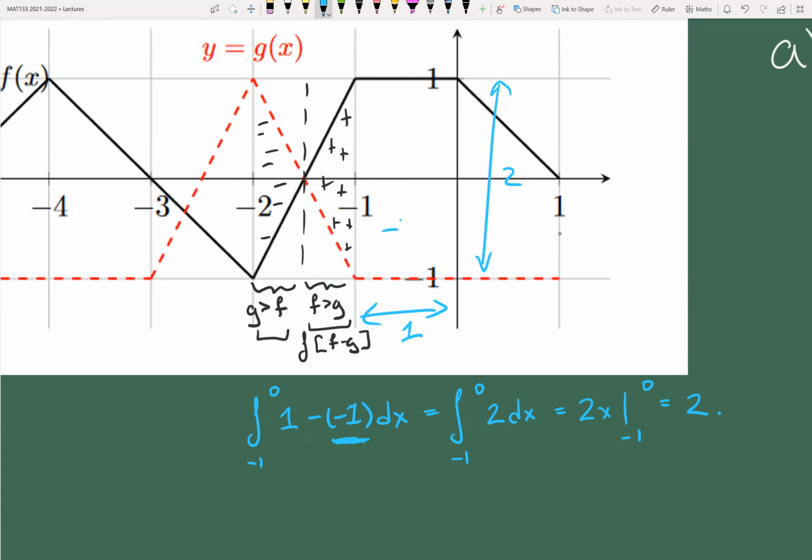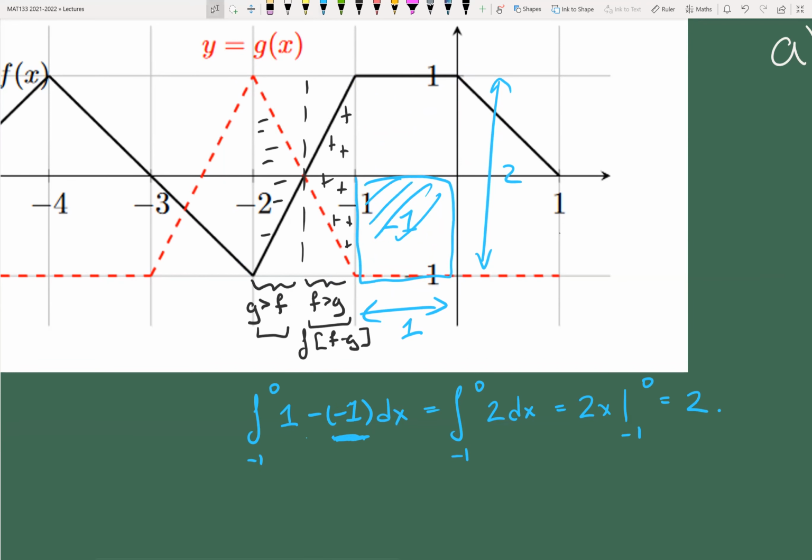It's true, this area here is -1. But the integral is the integral of f minus g. So the area of g here is -1, and I get -1. You see what I'm saying? The minus signs work out to give you the right sign anyway.